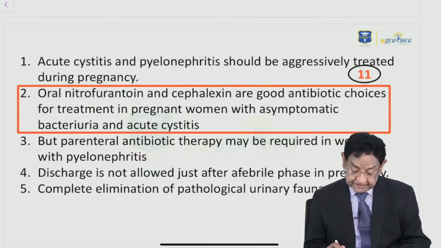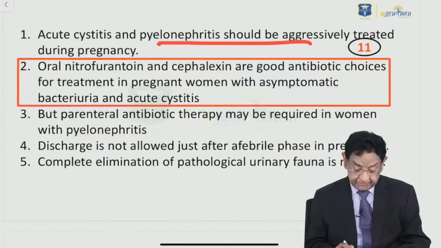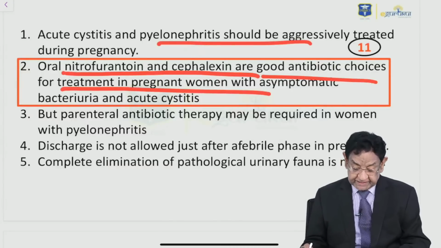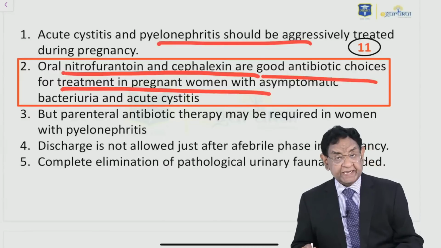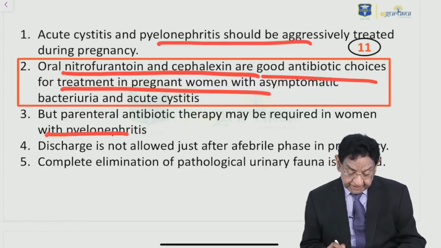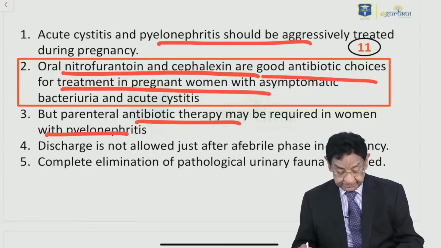Well, acute cystitis and pyelonephritis should be aggressively treated during pregnancy. Oral nitrofurantoin and cephalexin are good antibiotic choices in treatment of pregnant women with asymptomatic bacteriuria or cystitis. But for pyelonephritis, we have to give parenteral antibiotics.